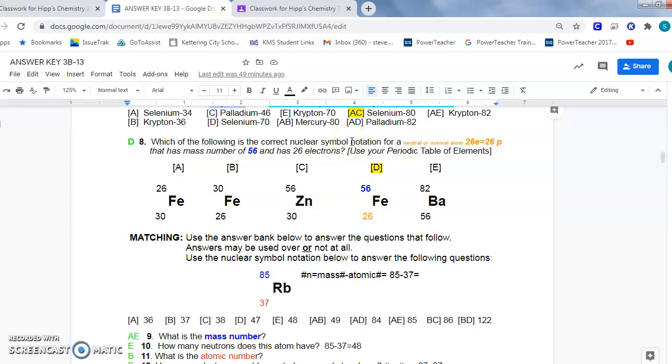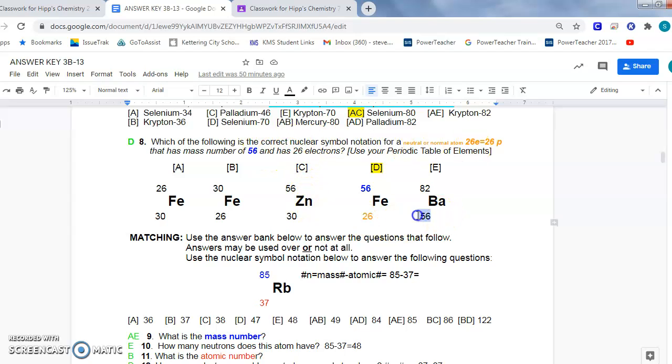Nuclear symbol notation for a neutral or normal atom that has a mass number of 56 and has 26 electrons. Well, we know if it's a neutral or normal atom, the number of electrons which are negative would have to equal the number of protons which are positive. So we're looking for something with an atomic number of 26.